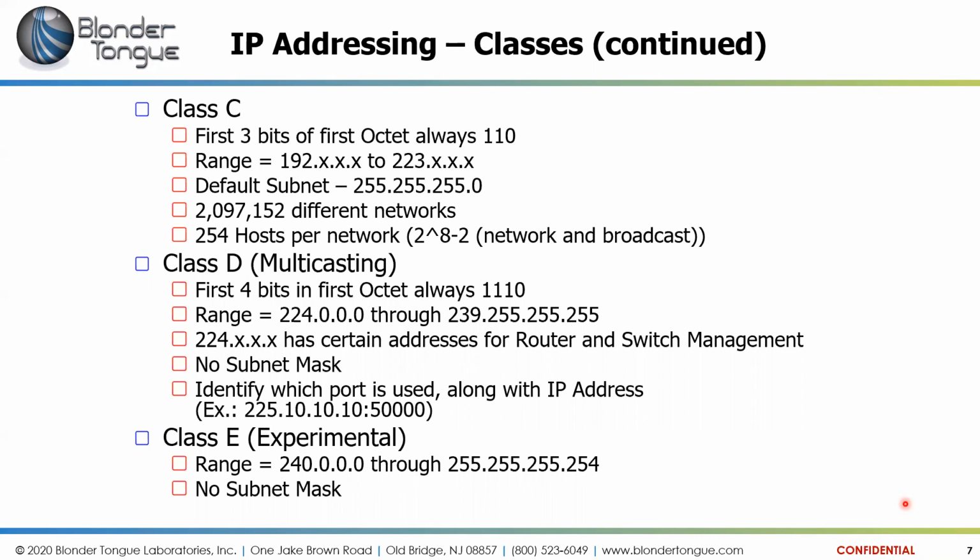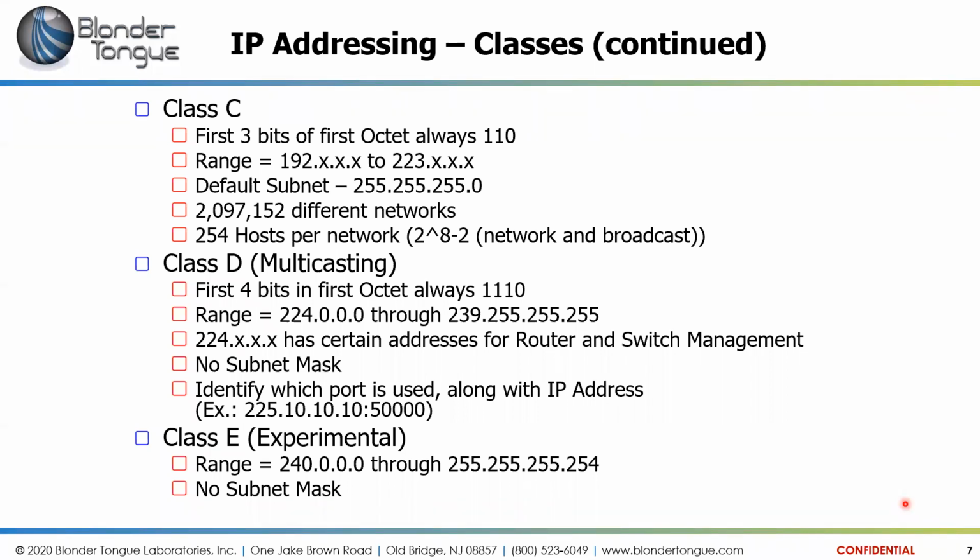Again, our subnet is 255.255.255.0, which provides us with 2,097,152 different networks. Each of those networks can have up to 254 hosts on each network. So like a 192.16.0 network would have 1 through 254 hosts on it.